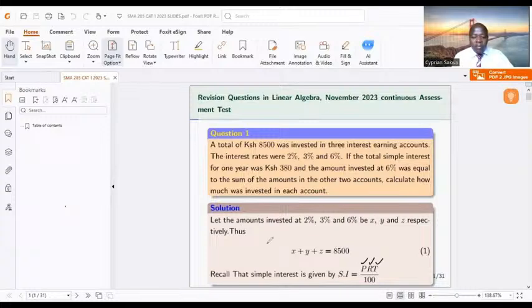That means that when you invest X shillings at 2%, and for 1 year, you'll have earned X times 2 times 1 over 100 interest. And that is what we do for every amount that was invested at the given interest, and find out how much interest was earned.